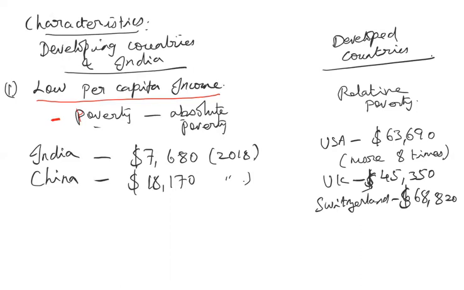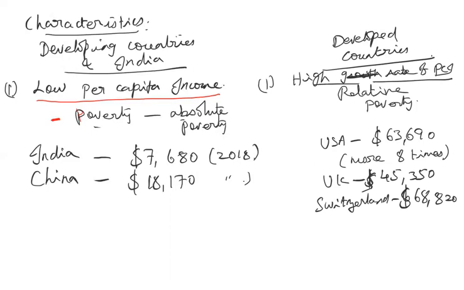Okay, so now you can clearly see the difference in the per capita income of these countries. Here you have low per capita income, whereas these countries have a high rate of per capita income. So that is the first thing differentiating the developing countries and the developed countries.